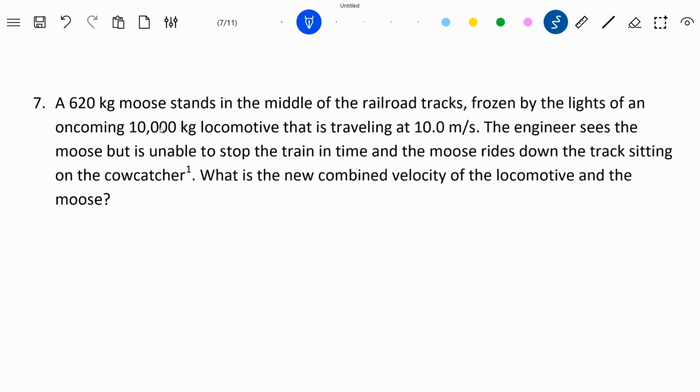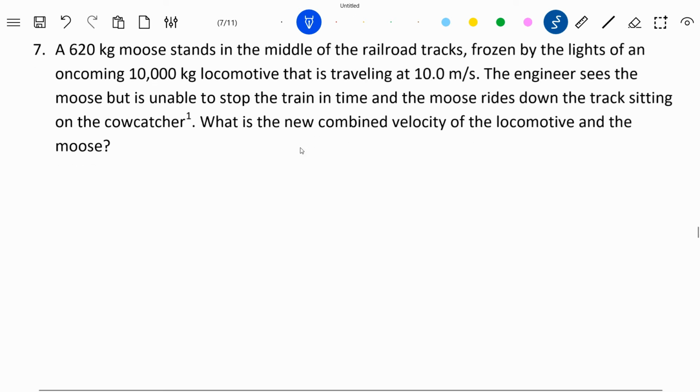So if a real train hit a moose, the train would only slow down imperceptibly. It wouldn't really be a concern to the train. It would be a big concern for the moose, but because this is an artificially low number, I think we're going to see some meaningful change, even if somewhat small.